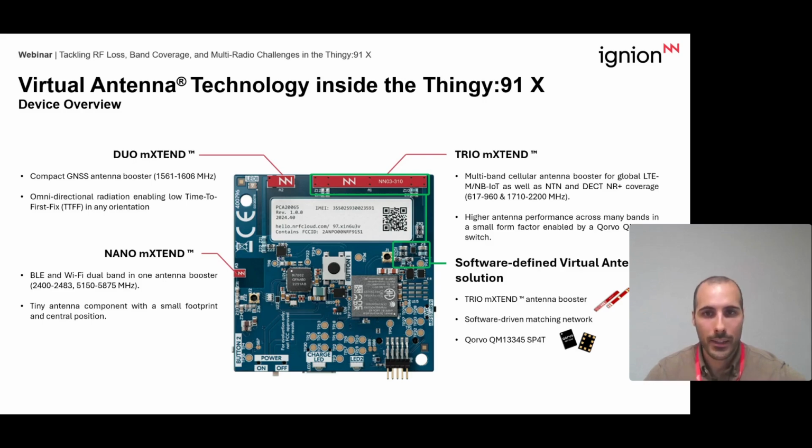Despite its tiny footprint, it provides robust performance thanks to its central placement. And on the top right side, we have the Trio Extend that handles multiband cellular connectivity for LTE-M, narrowband IoT, and DECT NR+ applications, spanning frequencies from 617 up to 2.2 gigahertz.